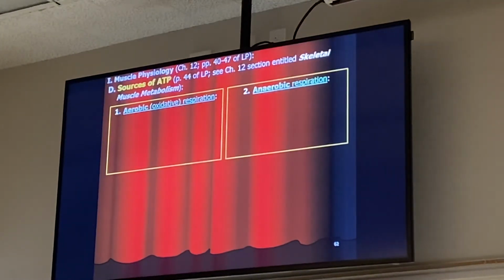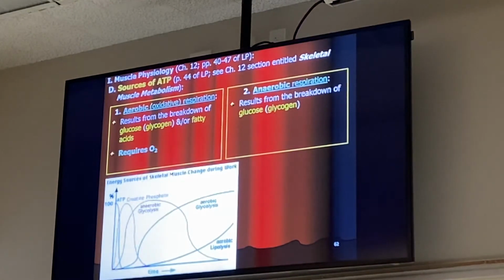Okay. So now let's talk about the fork in the road. So this is what it actually is in real life. First, it's this. When it's depleted, then you hit the fork in the road. Everybody understand that? Because this is almost indefinite. Aerobic respiration, you must have oxygen, but you can use all 3 nutrients.